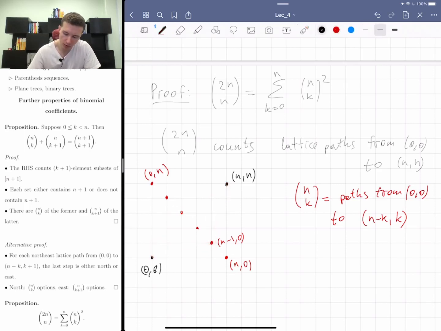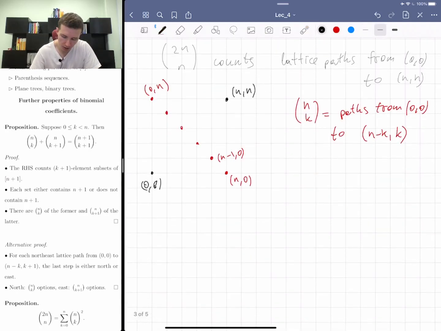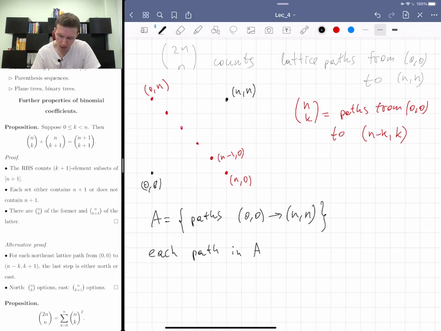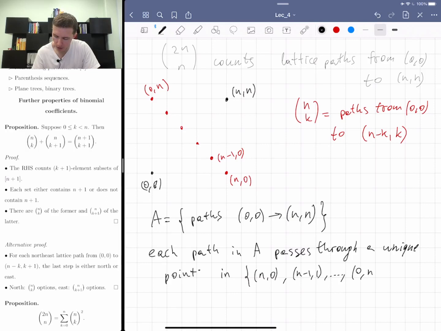So maybe I should denote, let's say A is the set of all paths from 0, 0 to n comma n. Then each path in A passes through a unique point in this set: n comma 0, n minus 1 comma 1, and so on, up to 0 comma n.